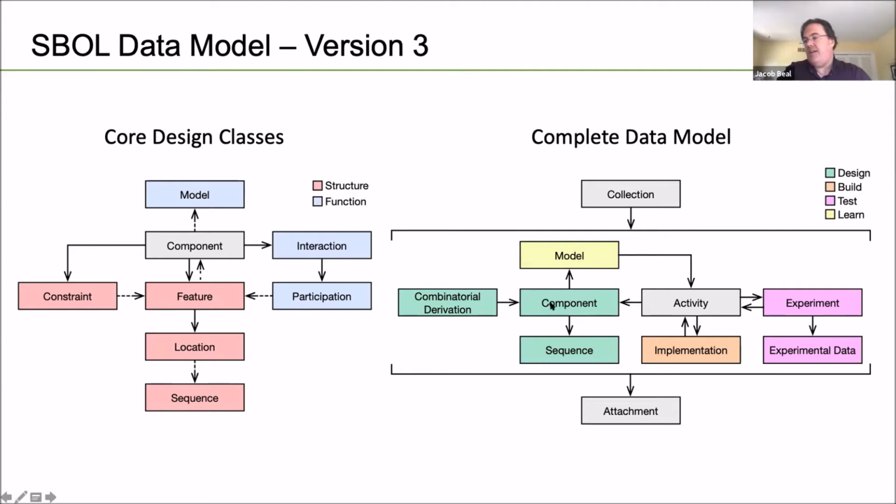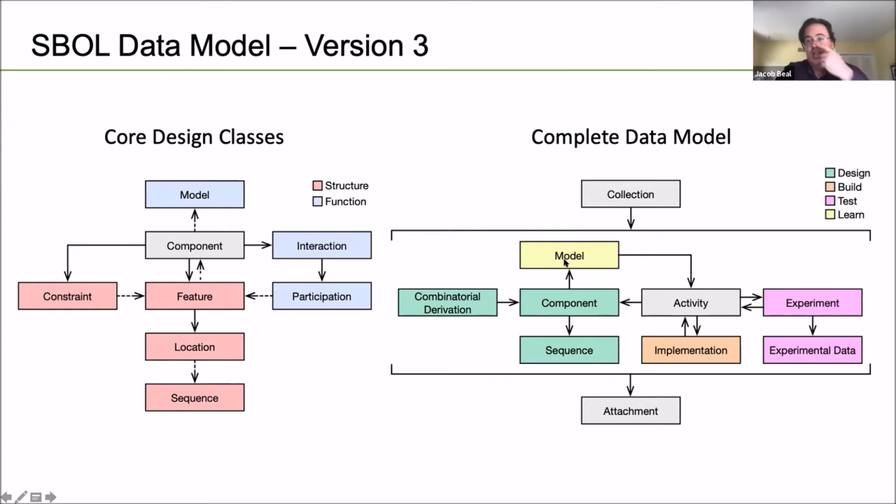Now, component is essentially a design element, and it links out to the actual sequences that we may be describing, of DNA, RNA, protein, serialized versions of chemical structures for small molecules. Combinatorial derivations are how we describe the design of a library.